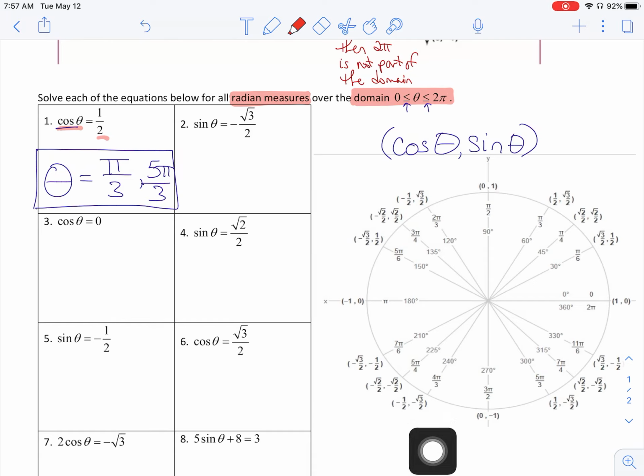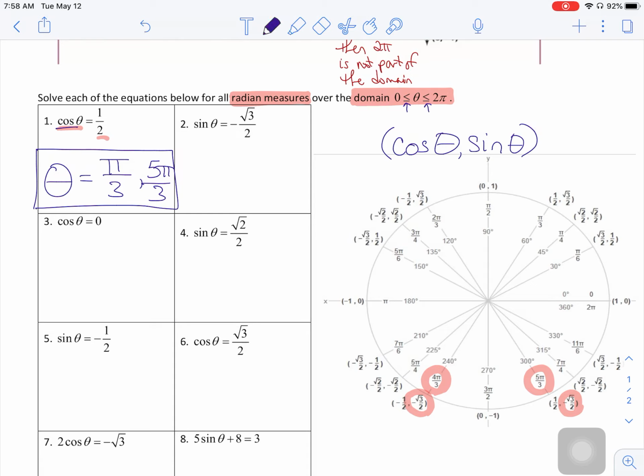But let's see if I start rolling through right here. Right down here, this has a y value of negative root 3 over 2 at a radian value of 4 pi over 3. I'm going to keep going, see if there's any more. Found another one. Here's another y value of negative root 3 over 2 at a radian value of 5 pi over 3.